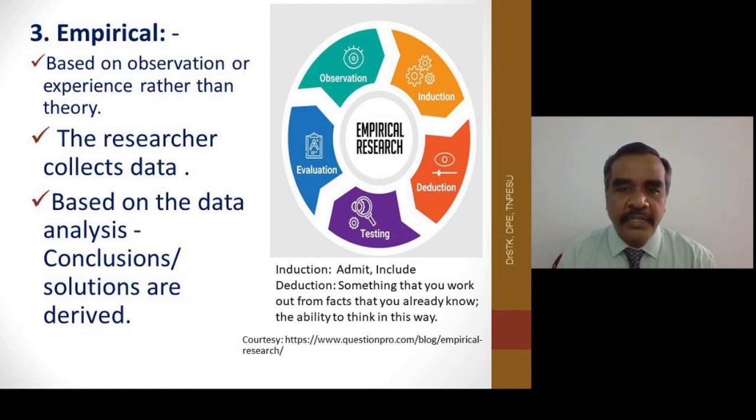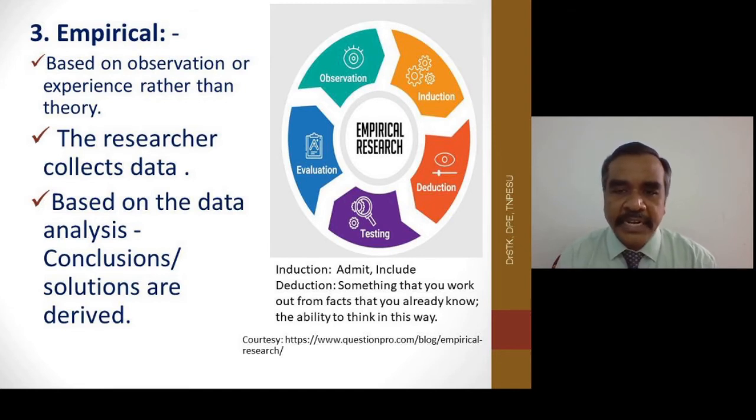So empirical research involves observation of the event. Then induction. Induction means including the variables, including the independent variable, the dependent variable, and your limitations. Then deduction. Deduction means something you work out from the facts that you already know, the ability to think in this way.